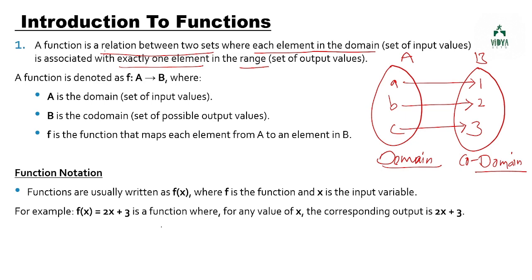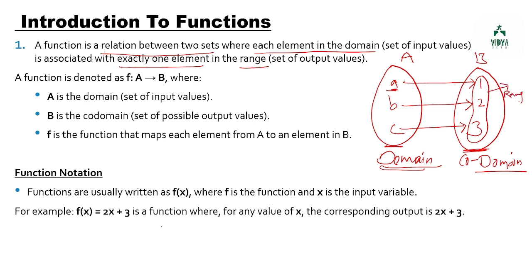If an element of the domain has more than one relation, this is not a function, that is just a relation between two sets. So you understood, right, what a function actually is? Each element in the domain has exactly one element associated in the codomain, and the set of values associated is called the range.